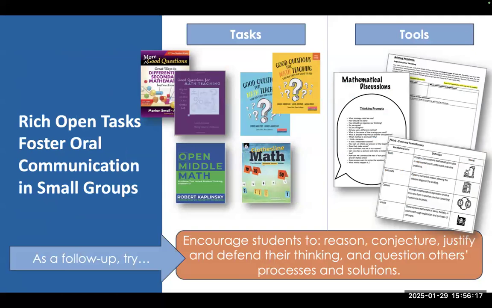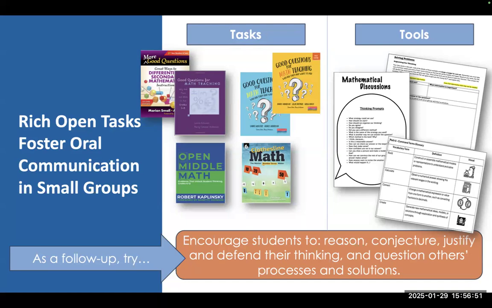We can also try to encourage students to reason, conjecture, justify, and defend their thinking, and question others' processes and solutions by providing rich, open tasks that foster oral communication in small groups. It's very important that students have opportunities to learn together, talk through their learning together, and try different approaches to questions and learn from one another.